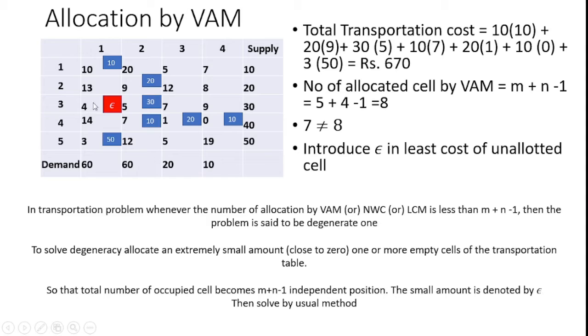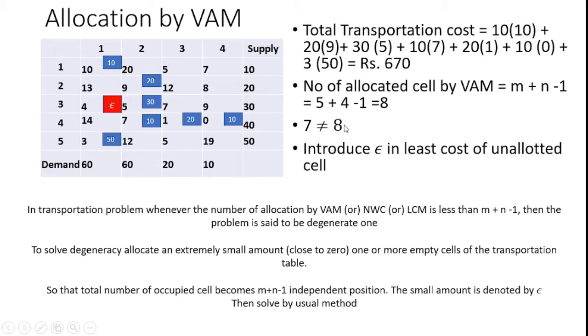I get 4 as the smallest value in the given matrix, so I allot the eta value in that unallotted cell, the third row and first column. From this I get 8 equal to 8, from 7 not equal to 8. So 7 not equal to 8 is the degeneracy in transportation model.